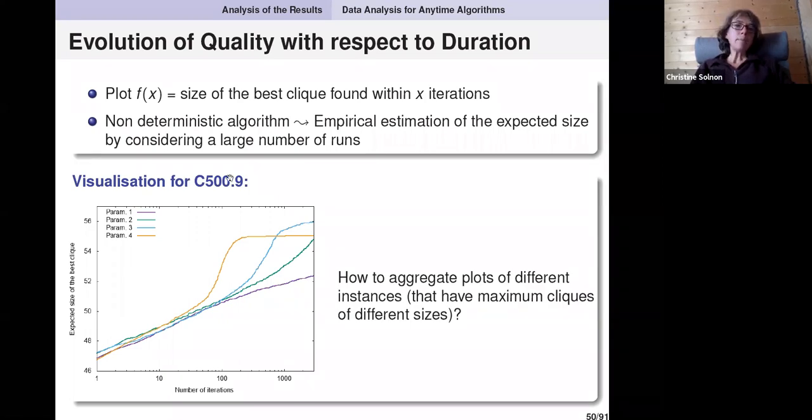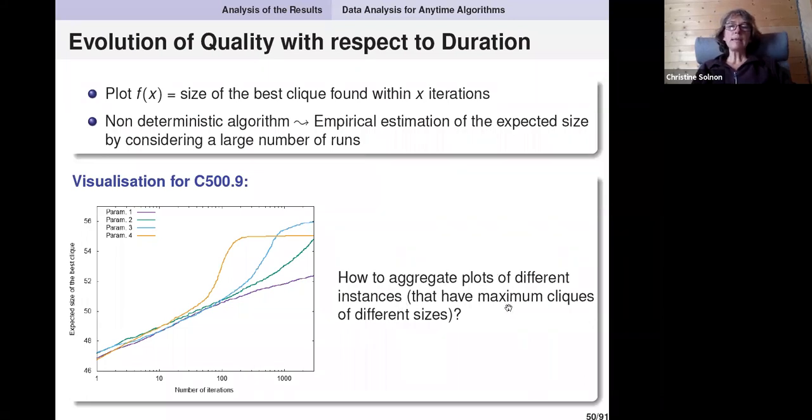Now, my problem is that this is the plot for one graph, and I have different graphs for different classes of graphs. Of course, I'm going to plot this for every graph just to have a look at the tendency, but then I would like to aggregate plots of different instances.